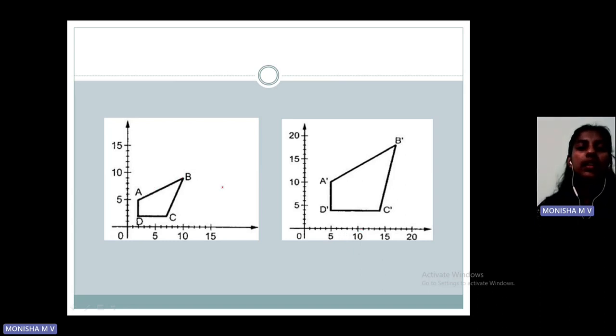As we show in this diagram, we have given an s value less than 1, so the object size is reduced. And in the other diagram, we have given an s value greater than 1, and the size of the object is increased. Like this, we can perform scaling in 2D transformation.